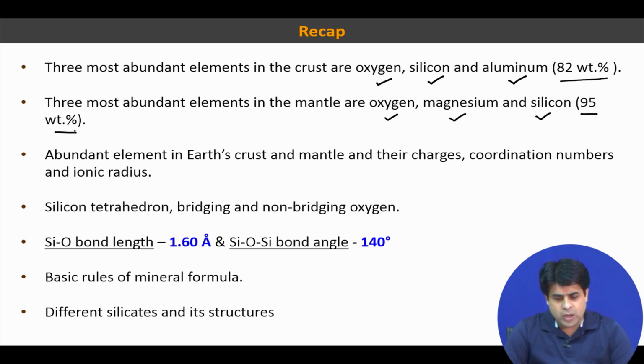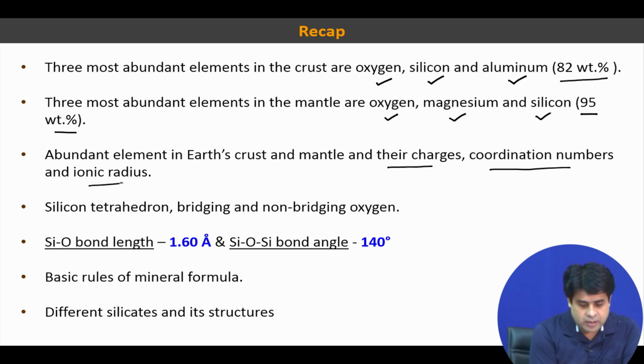We also discussed the most abundant elements in the crust and mantle, and their charges, valency, coordination number, and ionic radii. This we discussed in detail.